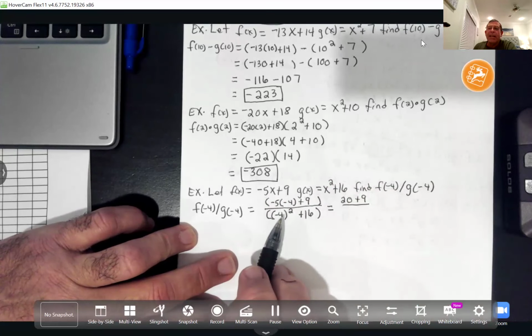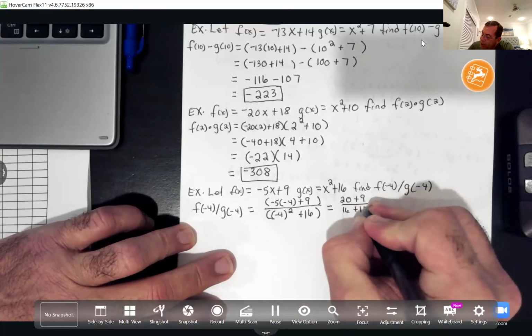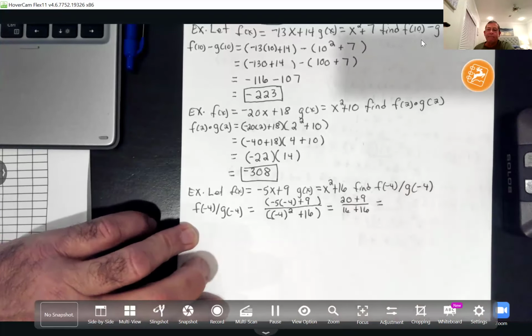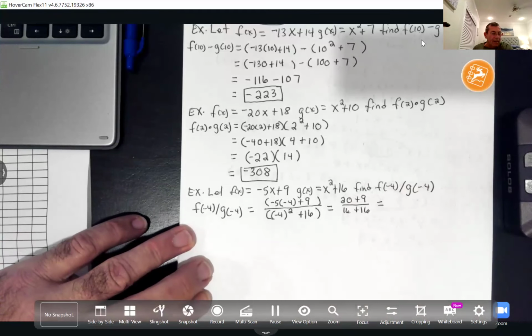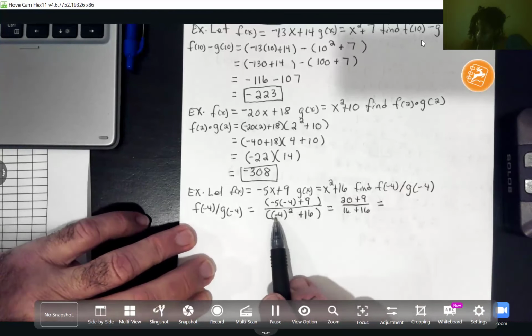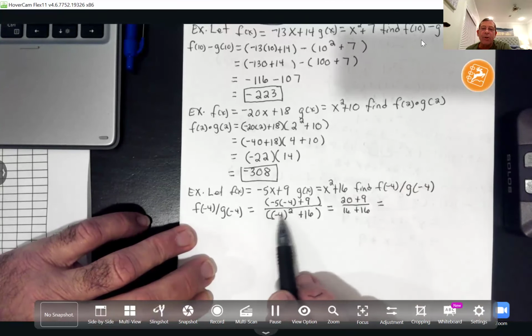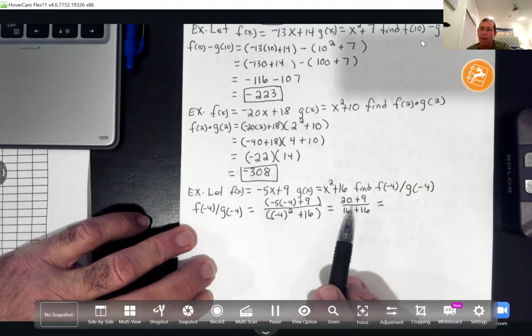On bottom, a negative times a negative is going to make that a positive 16 plus that 16. All right, so I'm getting there. Is that because the negative is inside the parentheses? Yes. And anytime you throw a negative number in for a variable, you got to square that negative. So any number you square will become positive, okay?